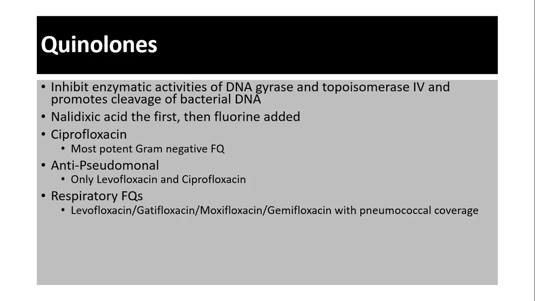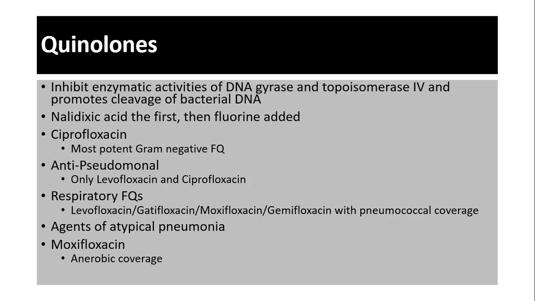Then we have respiratory quinolones, which include levofloxacin, gatifloxacin, moxi, and gemifloxacin. They have pneumococcal coverage. So in case of pneumonia, only prescribe these antibiotics if you have to prescribe one. For agents of atypical pneumonia, you can also use them. And amongst all these, only moxifloxacin has anaerobic coverage.